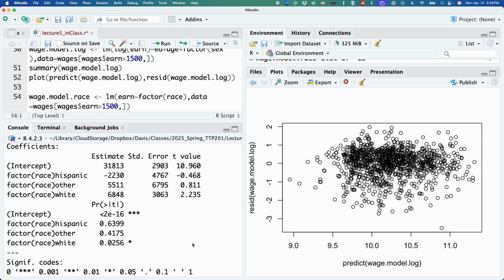But then for these, these are modifiers of the intercept, and so are you statistically different from this?